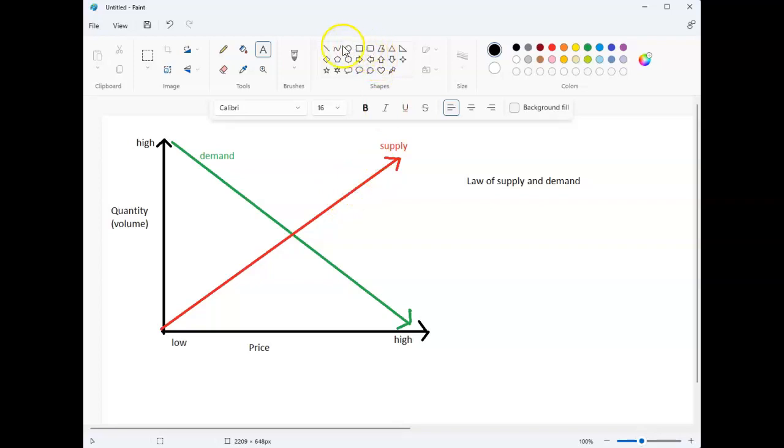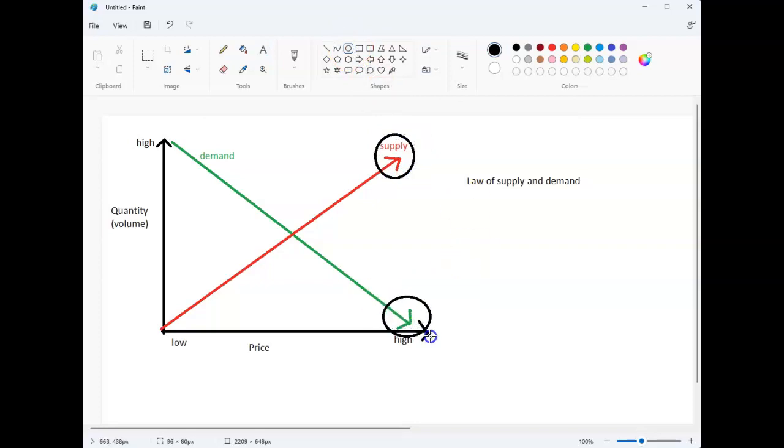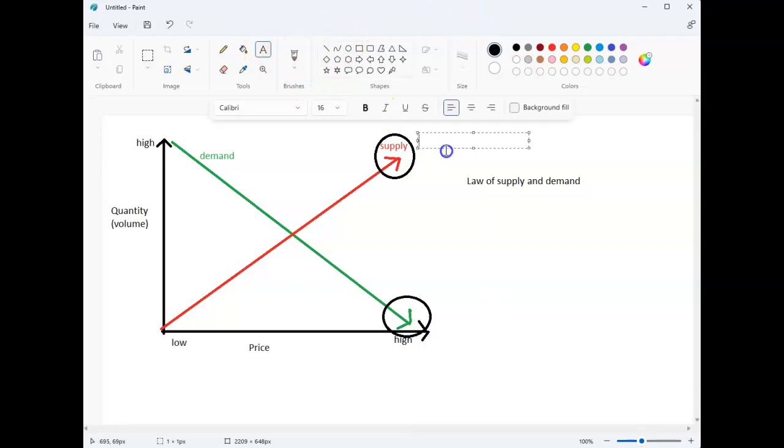So what you really need to know is these two things. Right here and right there. What is this saying? It's saying at a high price, you have high supply and low demand. All right?